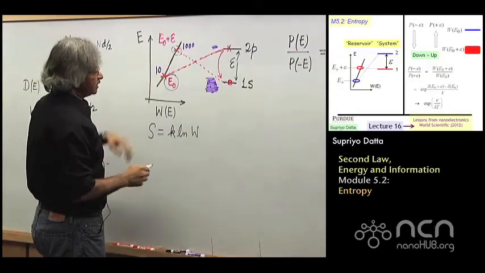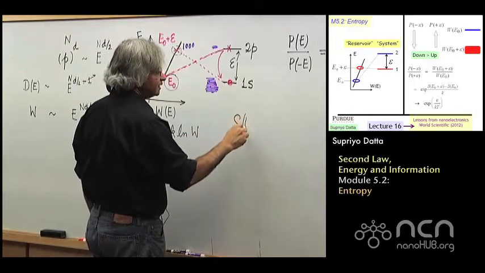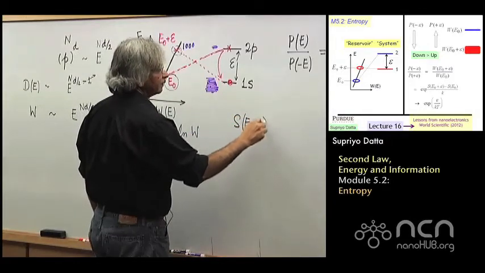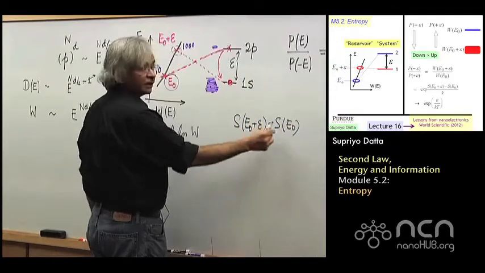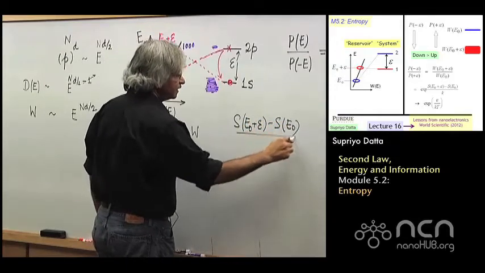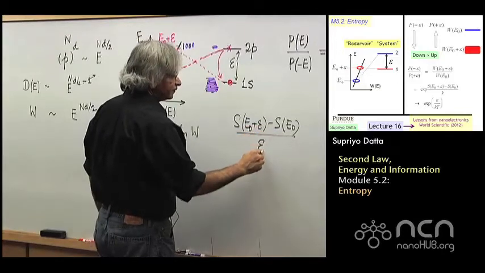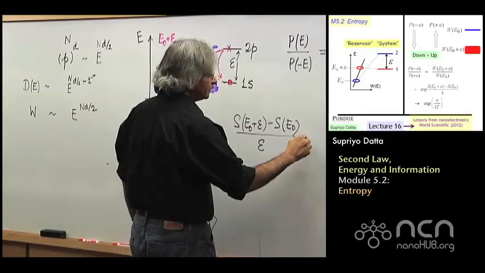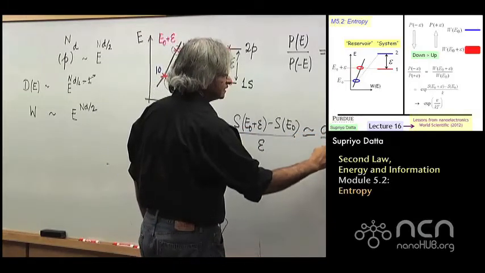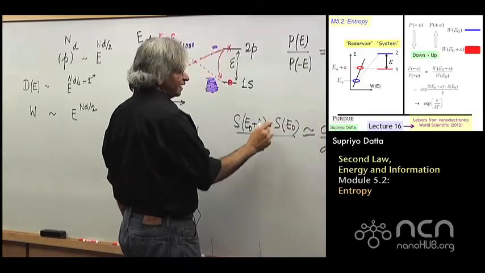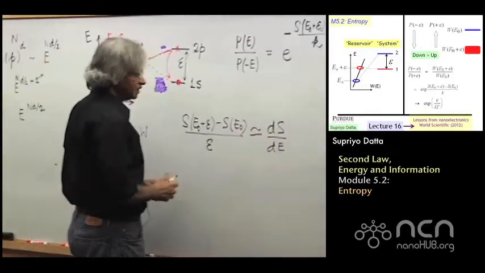So we could say that the change delta S, that is S of E0 plus epsilon minus S of E0, is the change in the entropy from one energy to another. If you divide it by the change in the energy, that is delta S over delta E, which for small changes you could call dS/dE.